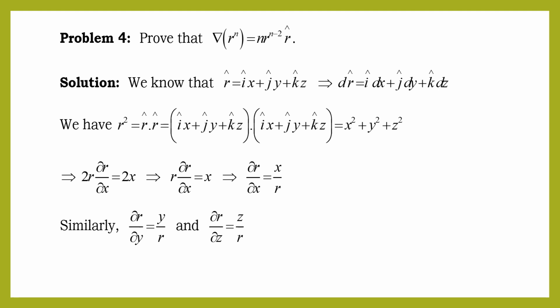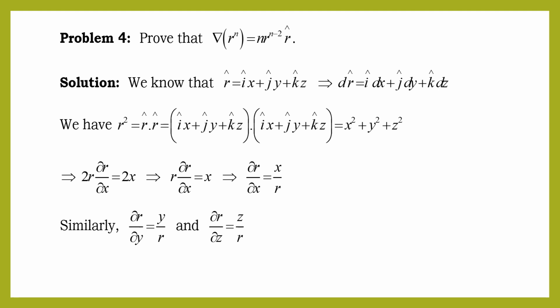Now, if we want to find out r², what we have to do? r² equals r cap dot r cap. That means i cap x + j cap y + k cap z is dotted with itself.